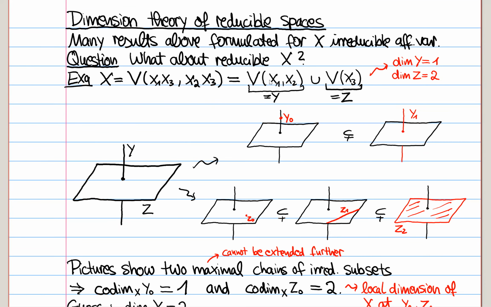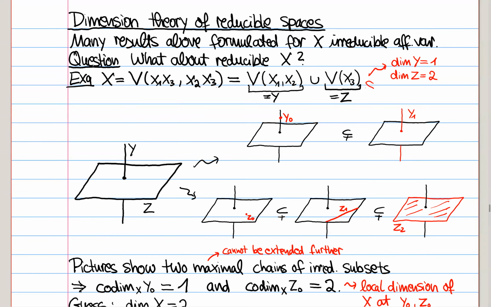So as an example, here you have the space X inside A3, which is cut out by the equations X1 times X3 and X2 times X3. This happens in A3.